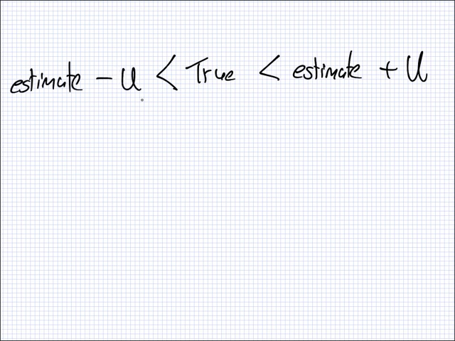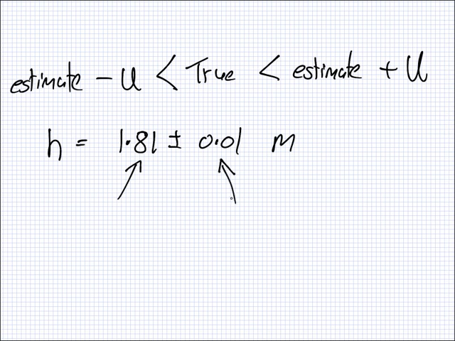It should be in between the two. Okay, so if I say the person's height is 1.81 plus or minus 0.01 meters, what am I saying? I'm saying I think their height is 1.81, but I could be wrong by this much. That's what you're saying. So this is the estimate, and this is the uncertainty.